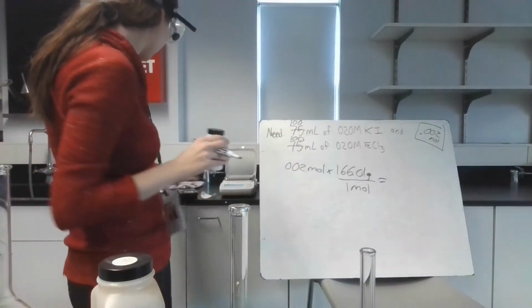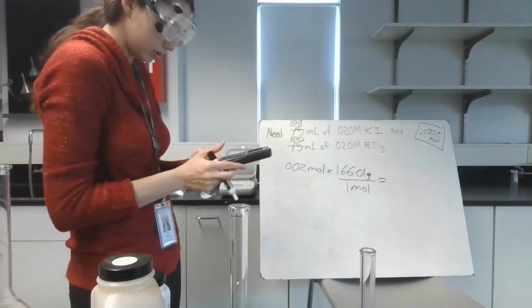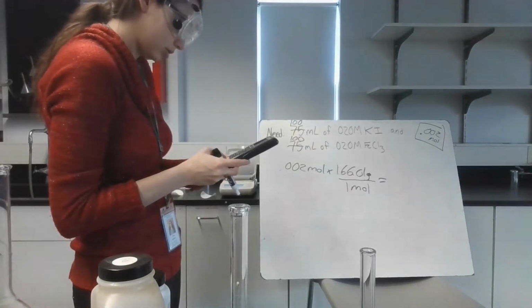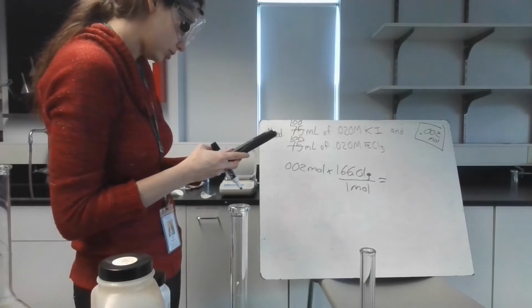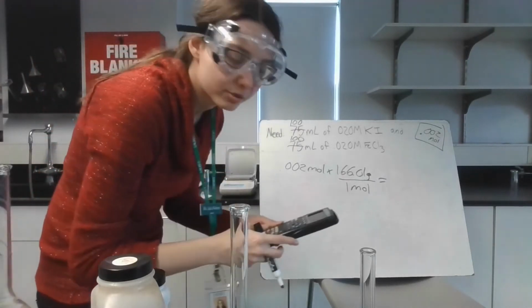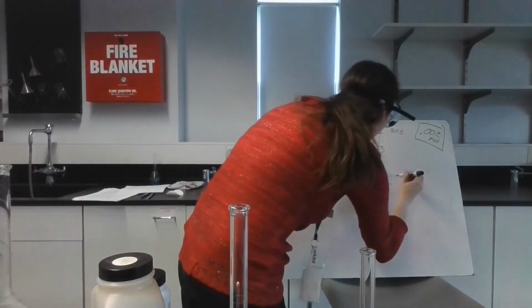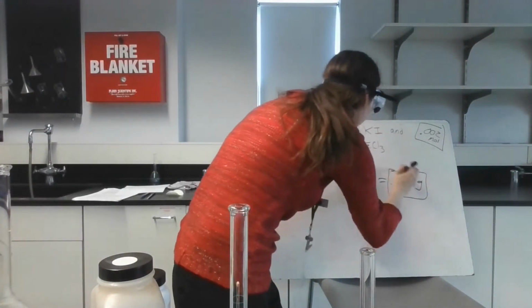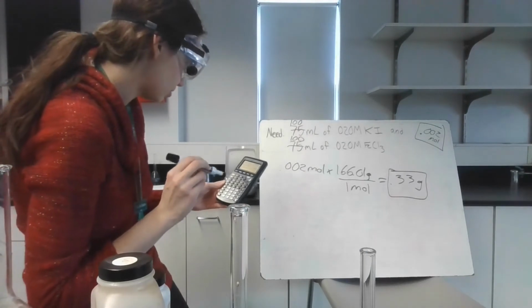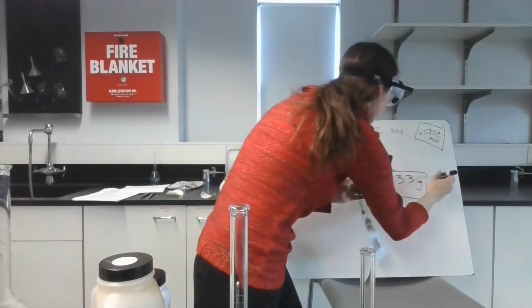Stick that in my calculator. We get 0.33202. I'm just going to round that to 0.33. So 0.33 grams, and that was for our KI.